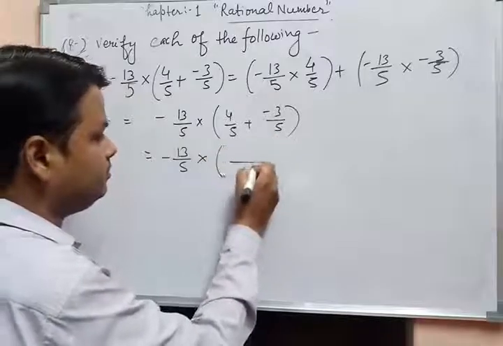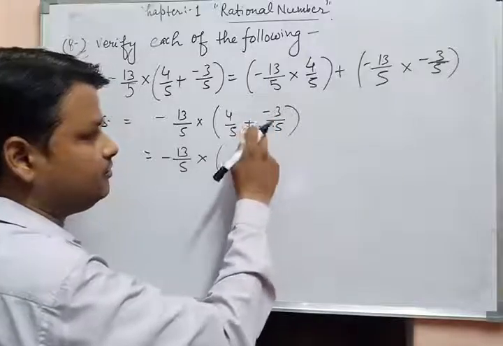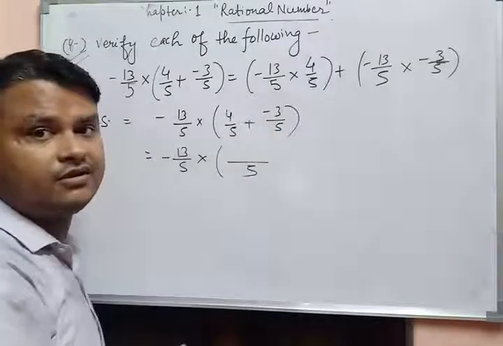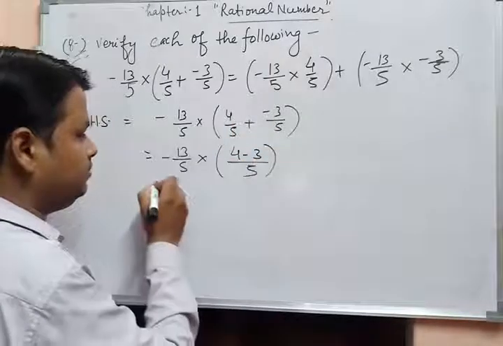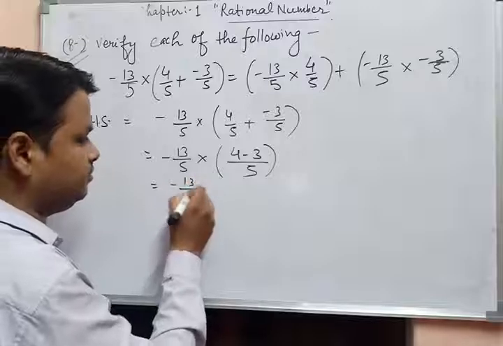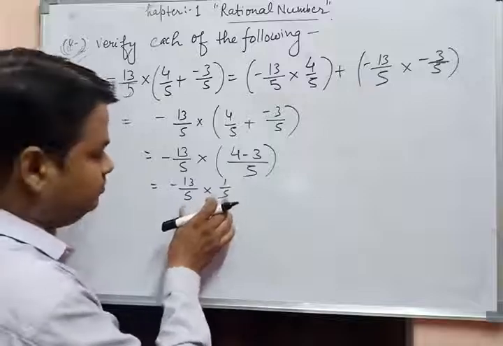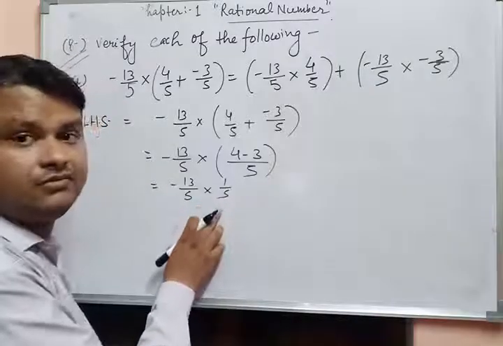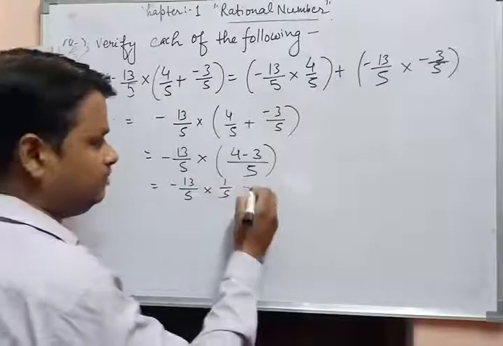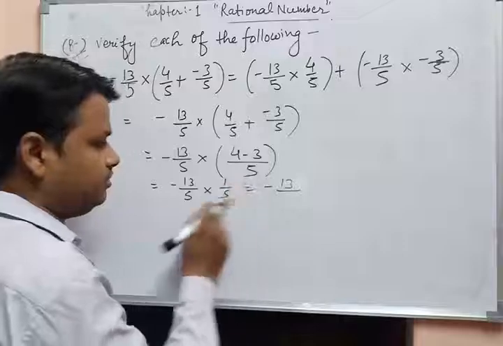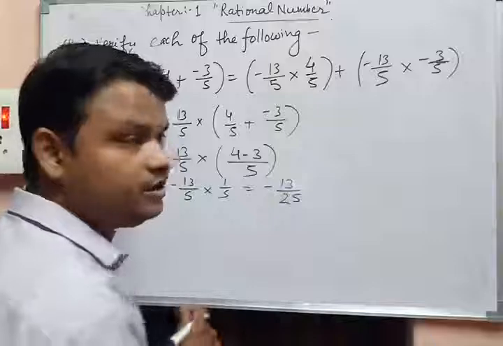So we take the common denominator and add the numerators: 4 minus 3 is equal to 1. Now no number can be cancelled between numerator and denominator, so we multiply numerator into numerator, and we get minus 13 times 1 is 13, and 5 into 5 is 25. This is the LHS part.